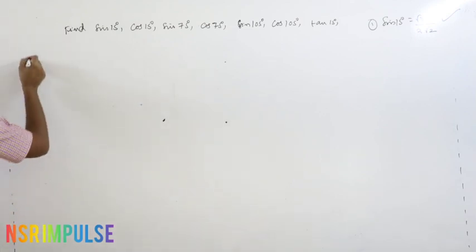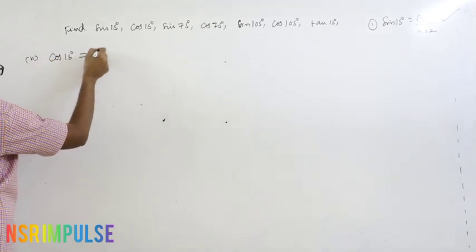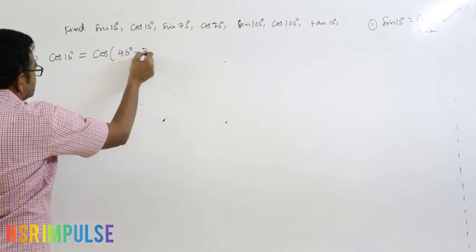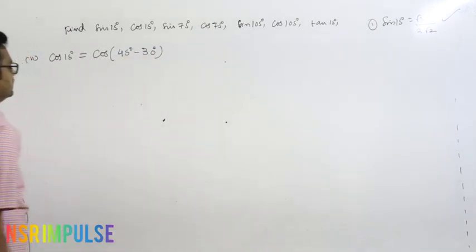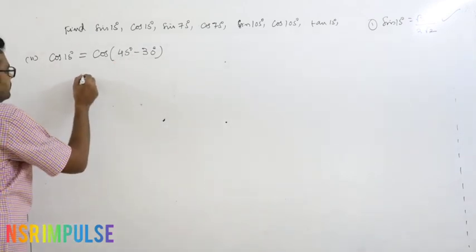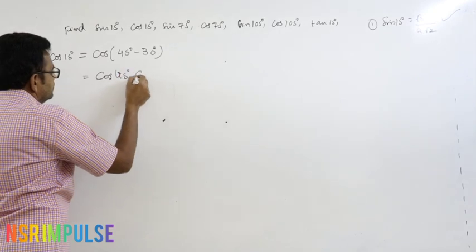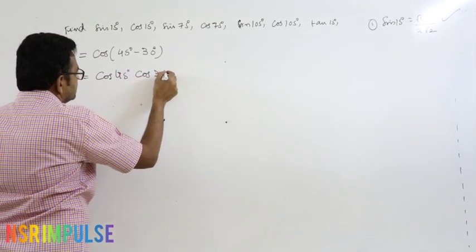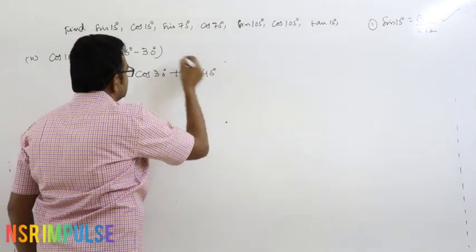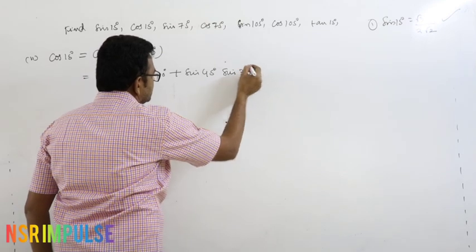Next one, cos 15 degrees is equal to cos of 45 degrees minus 30 degrees. Cos A minus B form: cos A cos B plus sin A sin B. A is 45 degrees, B is 30 degrees.